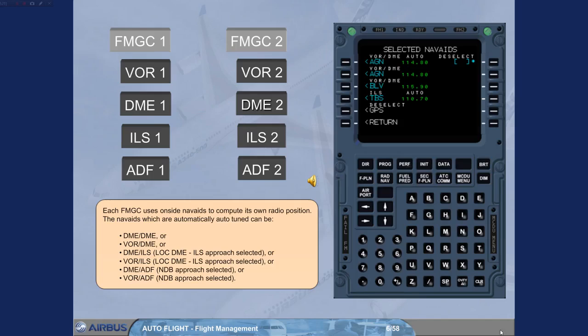The nav aids, which are automatically auto-tuned, can be DME, DME, or VOR, DME, or DME, ILS, lock DME, ILS approach selected, or VOR, ILS, lock DME, ILS approach selected, or DME, ADF, NDB approach selected, or VOR, ADF, NDB approach selected.